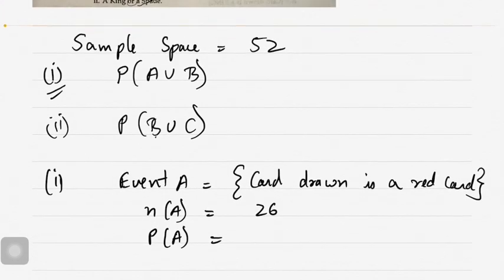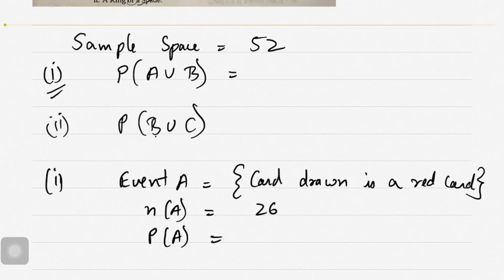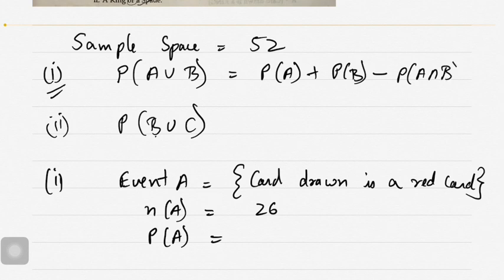So P of A, and I hope you all remember the formula. P of A union B. What is the formula? P of A plus P of B minus P of A intersection B is the formula. Right?